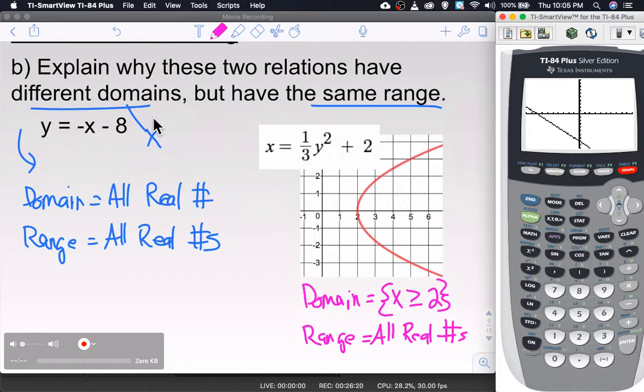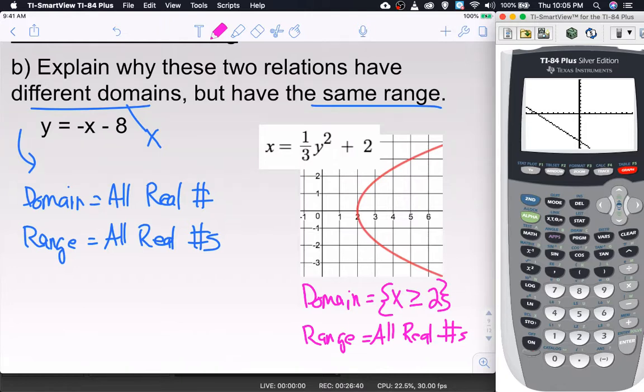So explain why these relations have different domains but the same range. I would say the domain of the first one is all real numbers. The domain of the second one is just x values greater than 2, but they both share a range of all real numbers. Both of these functions will go through every single possible y value.